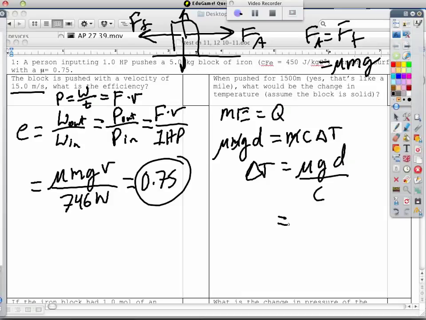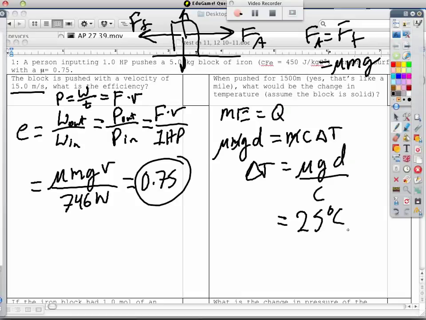And then this is 15,000, and then 0.75 times 15,000 is about 11,000. 11,000 divided by c, 450. We're on 10, so it's around 20 something. I think it's about 25 degrees Celsius, something like that. And that's if all the mechanical energy goes into that.